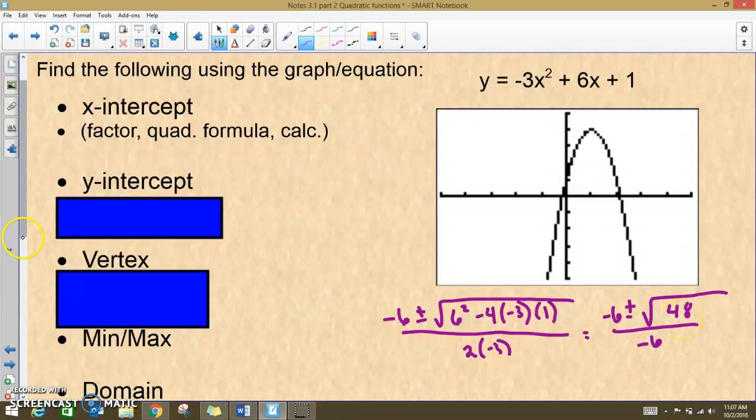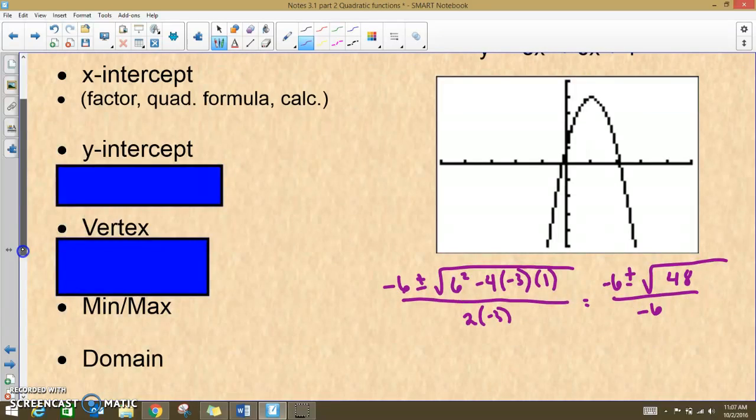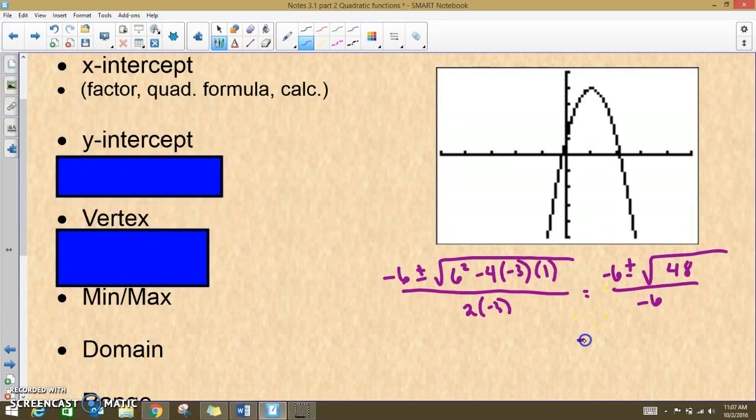Okay, we can simplify the square root of 48. It breaks apart into the square root of 16 times the square root of 3. Okay, we can take the square root of 16 to be 4. We can't take the square root of 3. Okay, so that's our x-intercept.